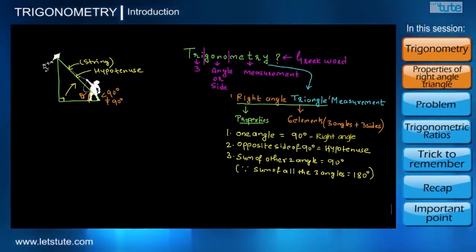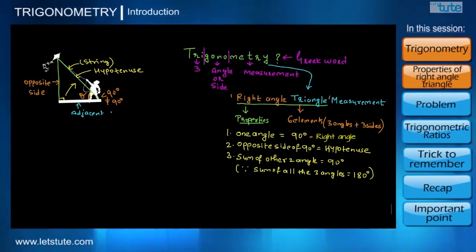So with respect to this unknown angle theta, let me name this side as the opposite side and this side as the adjacent side. Note that if I consider this angle as the unknown angle theta, then this side would be my opposite side and this side would be my adjacent side.